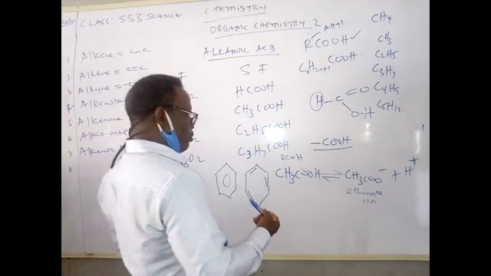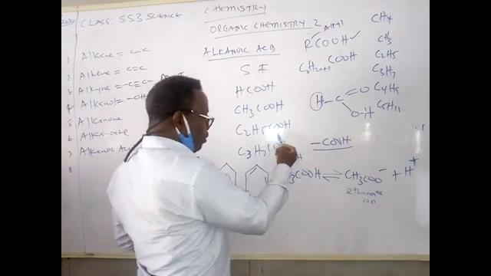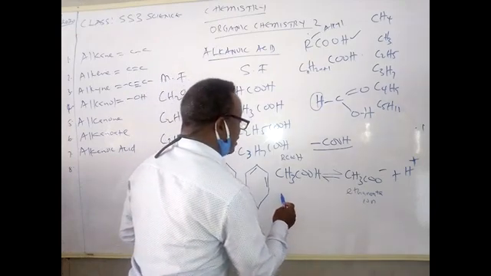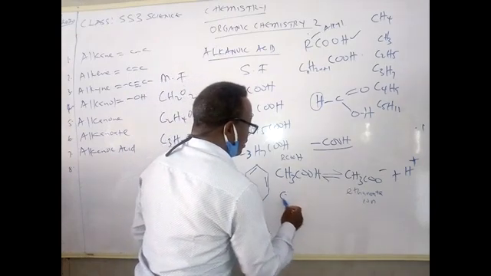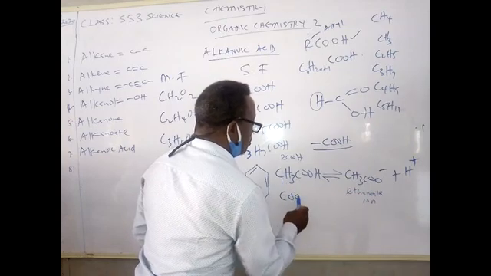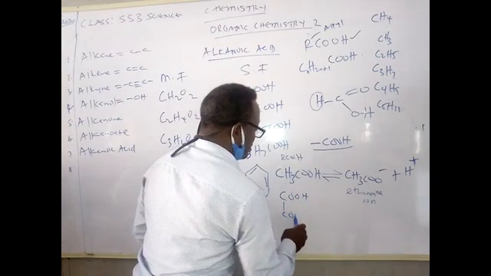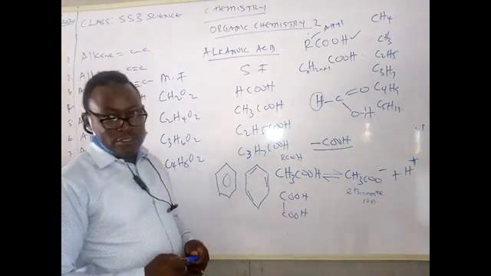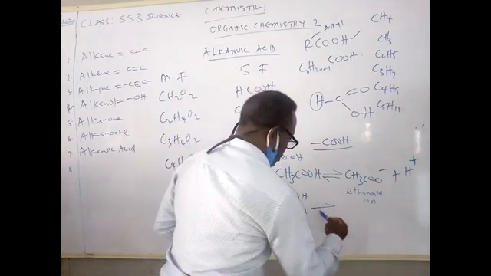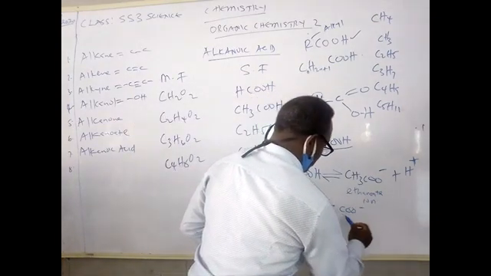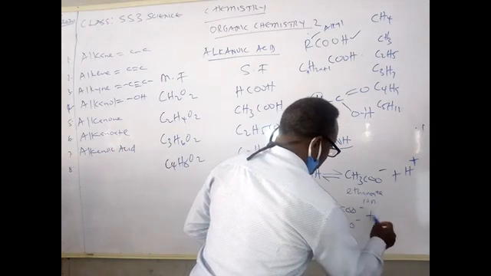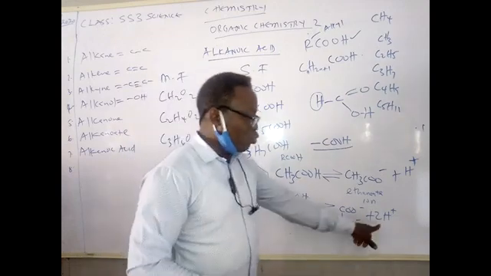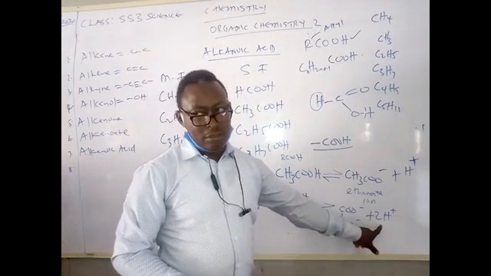I told you there are some compounds that have more than 1 functional group. You can write it this way. This is ethane dioic acid. And when it dissociates, it's going to give you something like this. In this case, you realize that it has two replaceable hydrogen ions. So this is dibasic.